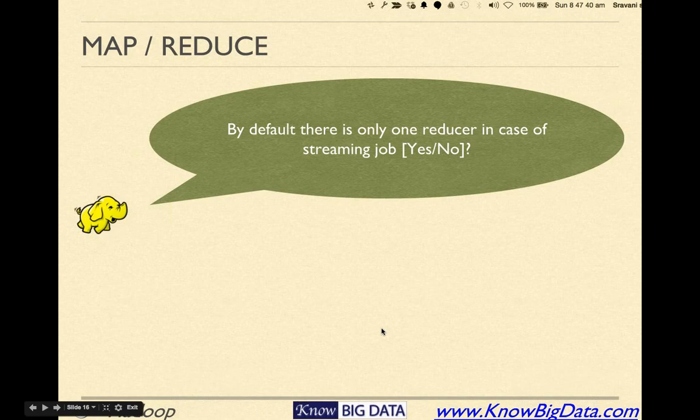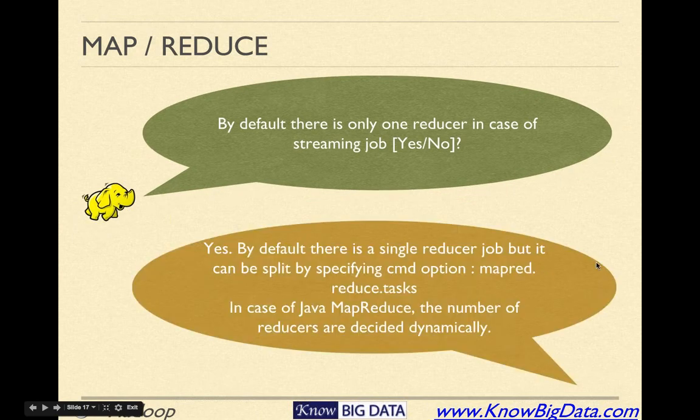Okay. So by default, there is only one reducer in case of a streaming job. What do you say? Is it yes or no? I think everybody has said yes for this. Yes. In case of Java, the number of reducers is decided dynamically, and we will discuss Pig later, where the reducers are also decided dynamically.